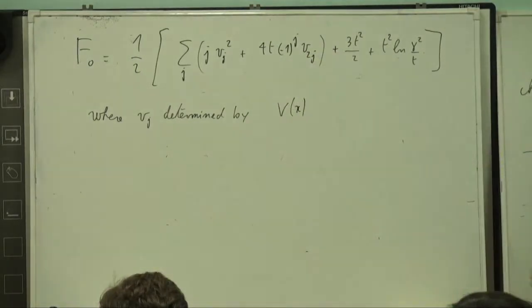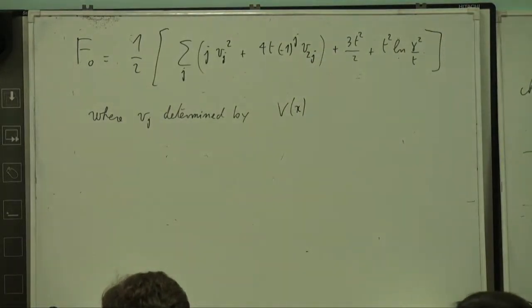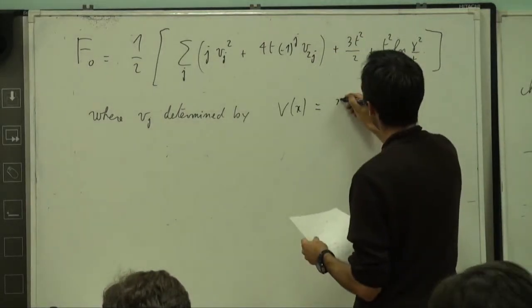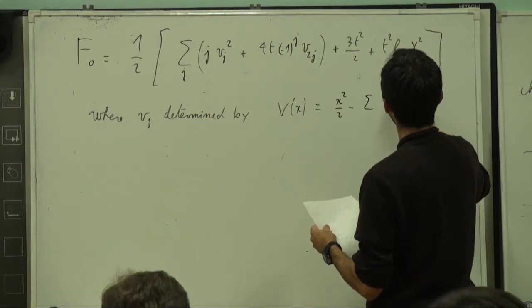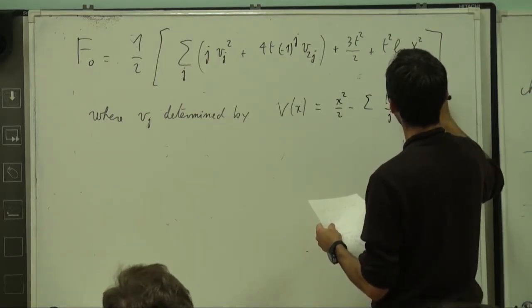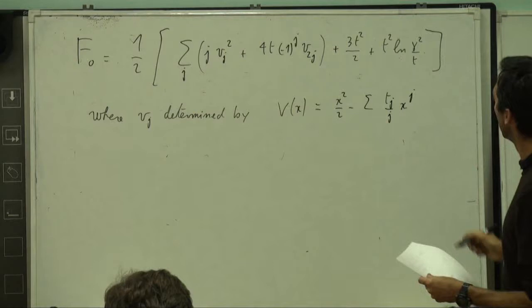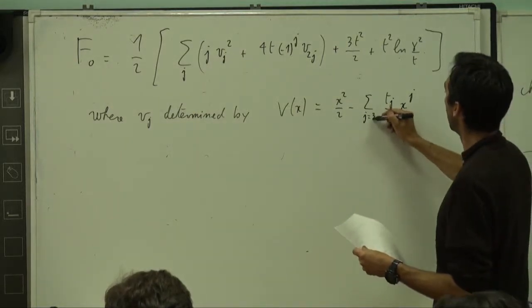So take the primitive of that, which is x squared over 2 minus the sum of tj over j x to the j, equals 3 to d.